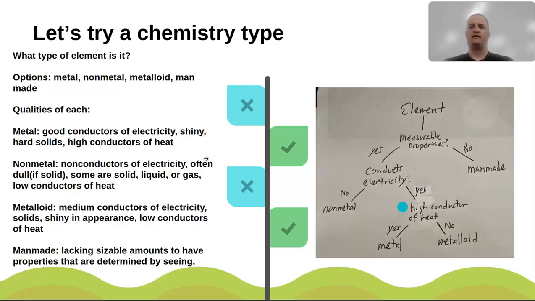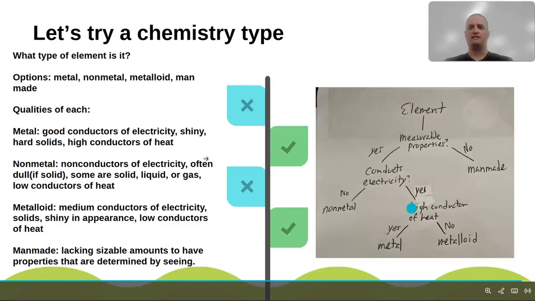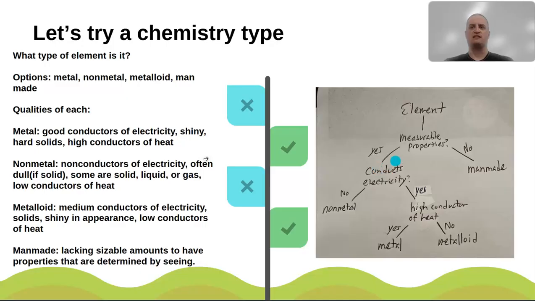If it's a high conductor of heat, that would make it a metal. So a metal is a high conductor of heat that does conduct electricity and has measurable properties. A metalloid conducts electricity and has measurable properties, but is not a high conductor of heat.